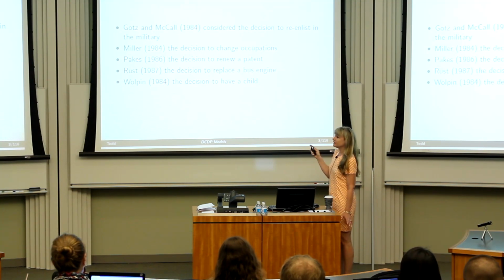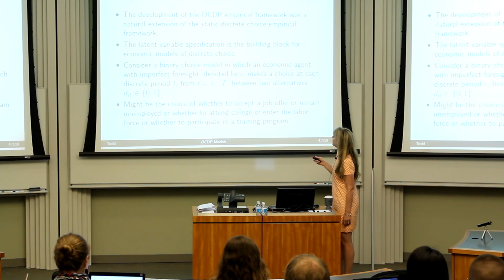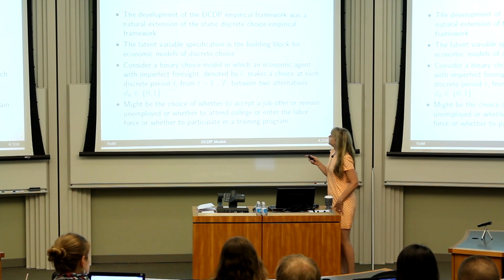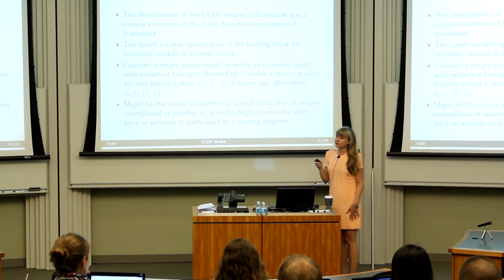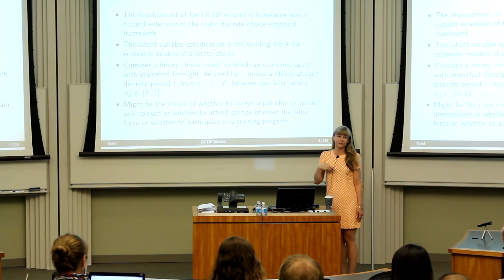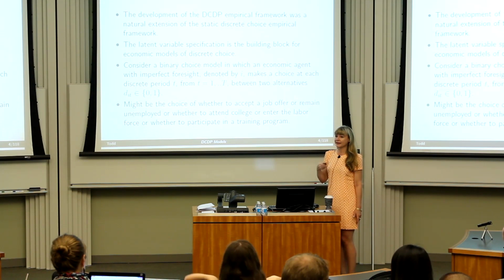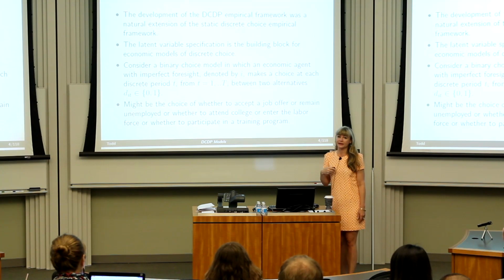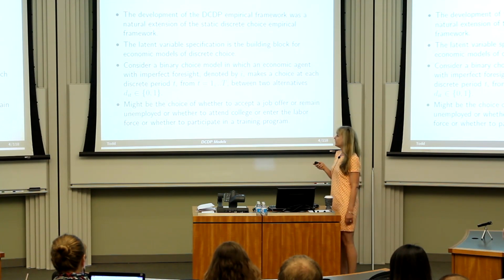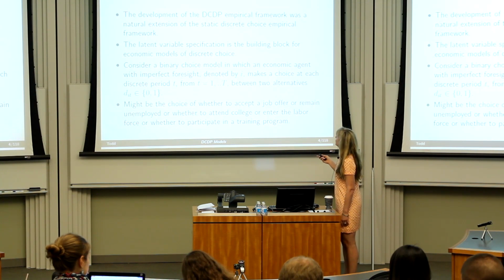But these were the very earliest applications of these types of models. And we'll first start with some static frameworks and then look at how the static framework can be extended to the dynamic framework and how it carries over, say, for specifying a likelihood equation and estimating the likelihood.